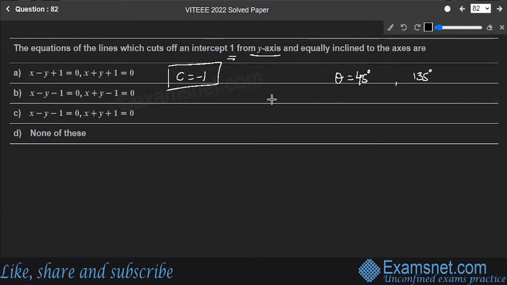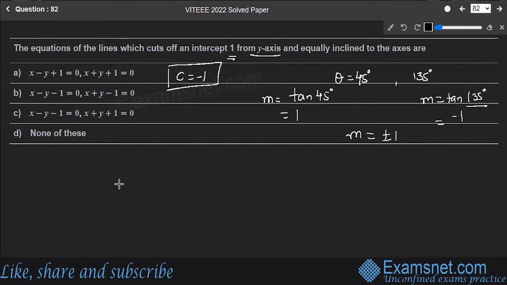These are the two possible values. So the slope will be equal to tangent of 45 degrees in the first case, and in the second case tangent of 135 degrees. Here the slope is equal to 1, and tangent of 135 degrees is equal to -1. So the slope will be equal to plus minus 1.